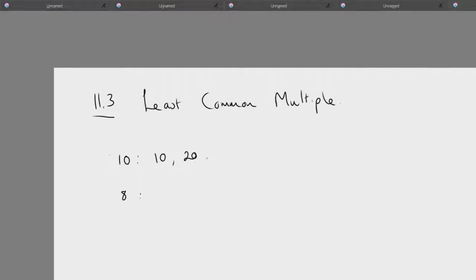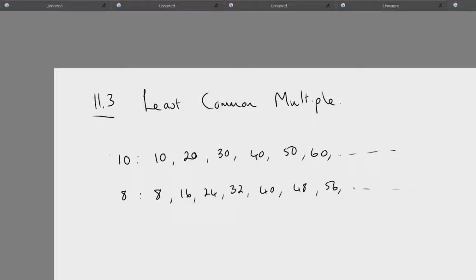I can have 20 hot dogs, 30, 40, 50, 60, and so on. It never stops. I'm looking for multiples of 10. Hot dog buns, though, I'll only have 8, 16, 24, which are the multiples of 8, 32, 40, 48, 56, and so on and so on.